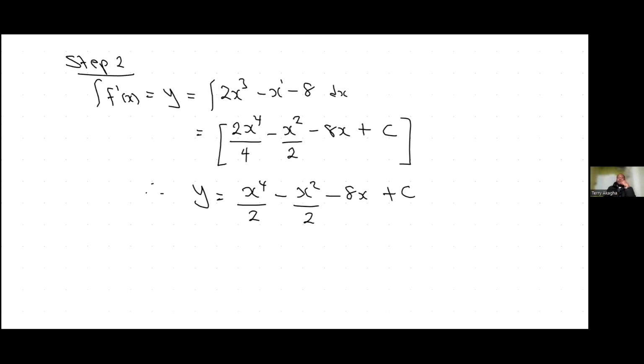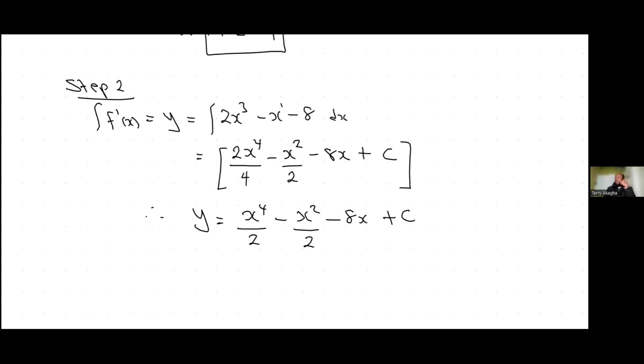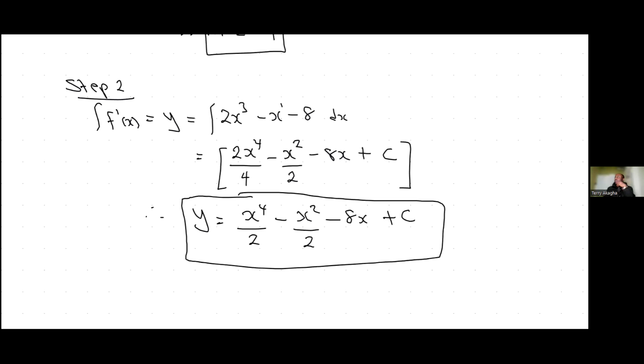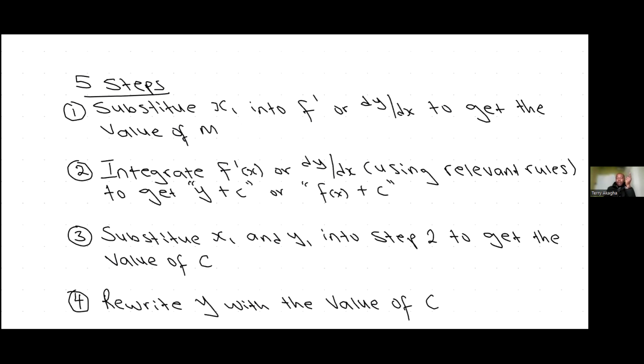Are you seeing it? Minus 8x plus c. All right, so we've gotten the y expression, and now in step 3, we need to get a value for c. So we need to substitute the x1 and the y1 into this equation to get a value for c.